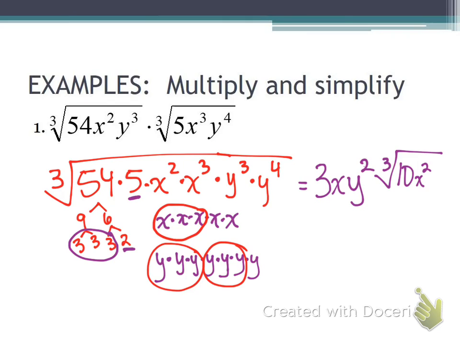And how many y's are inside? 1. You don't have to write out your x's and your y's like that to be able to see the groups and how it should work. But if you're a little unsure, not very confident yet, still getting used to it, go ahead and write it out. It doesn't take very long. You can pretty much guarantee you're going to get the right answer.